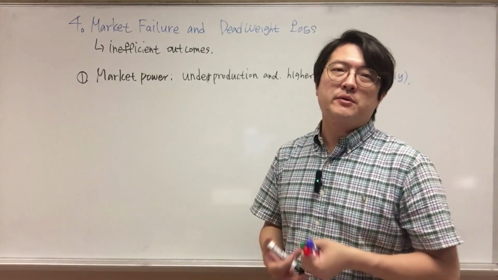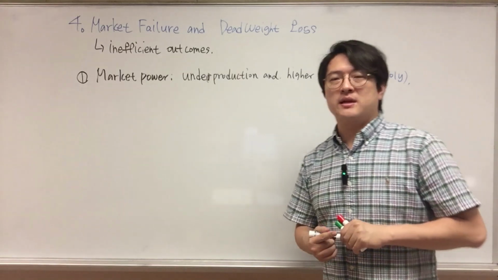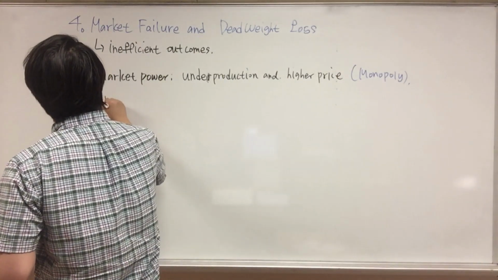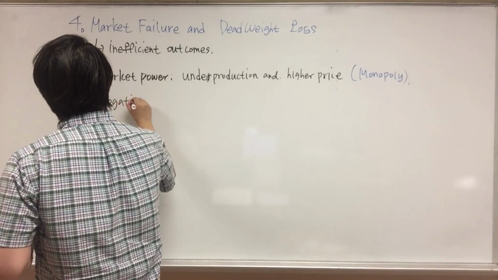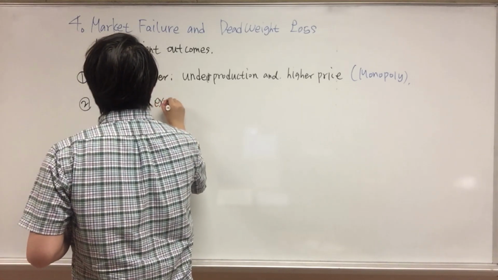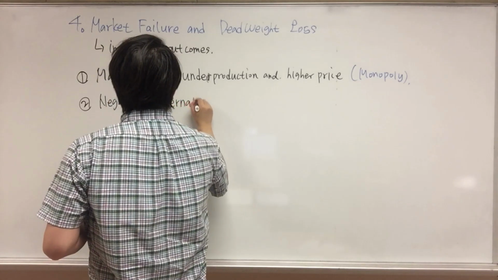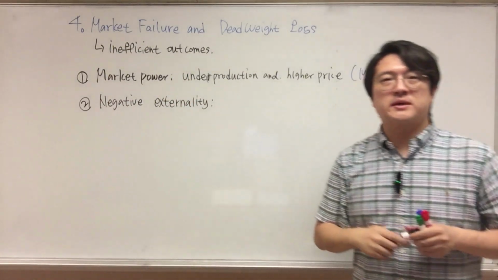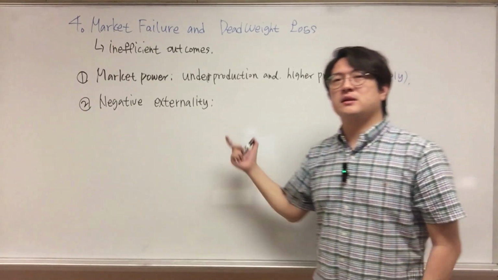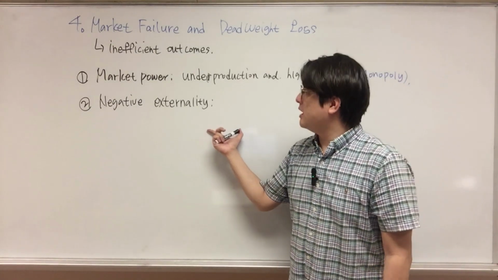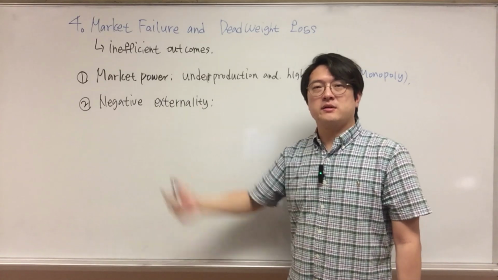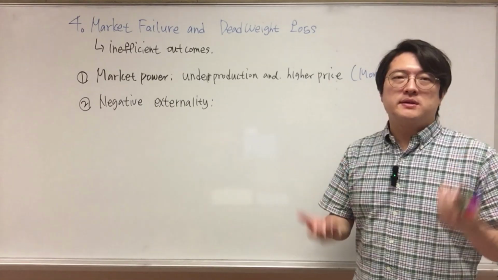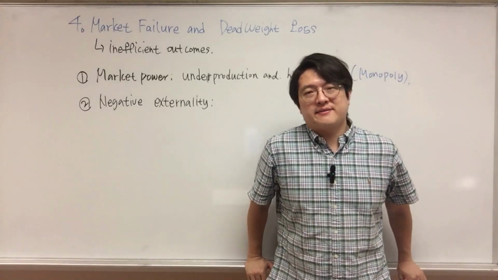Okay, so the second one is negative externalities. Okay. So what is a negative externality? I will explain the externalities later, after these chapters. So this is the same as a side effect.